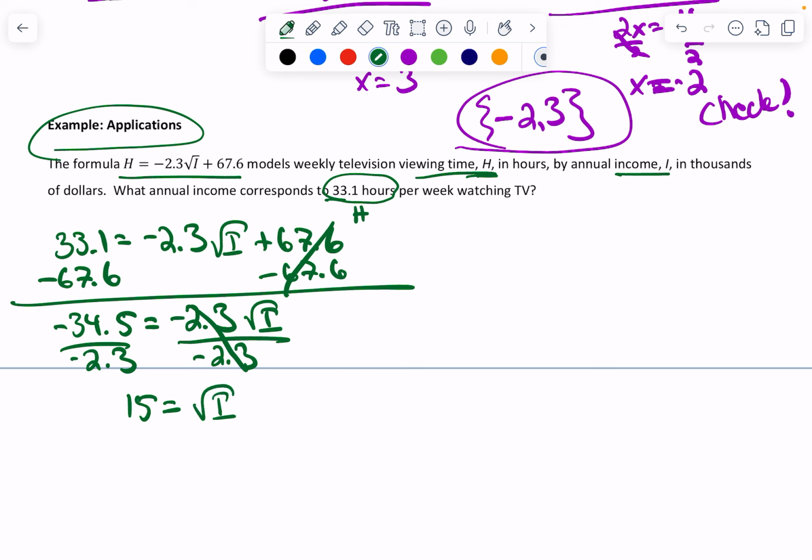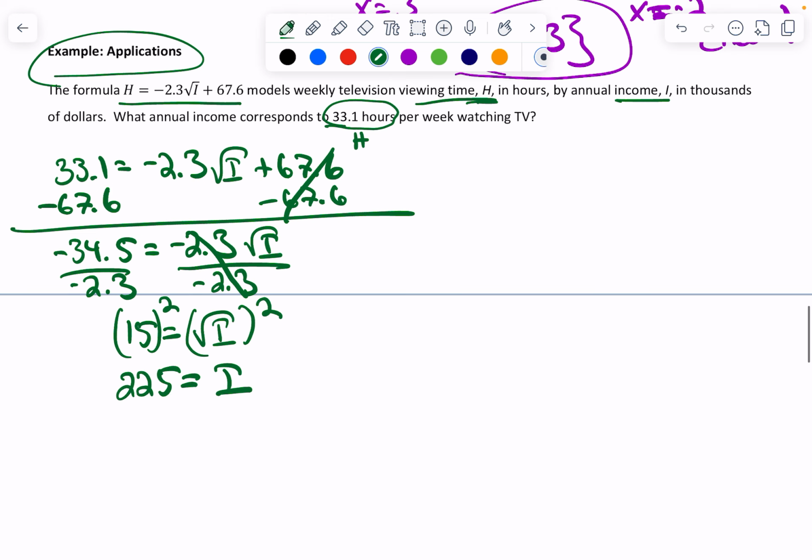And we have the square root of I. Well, we need to get rid of that, so we want to square both sides. 15 squared is 225, and that is our I. So what does this mean?